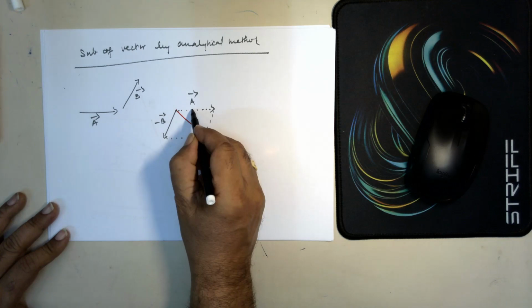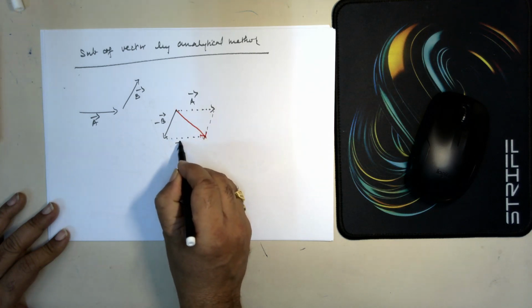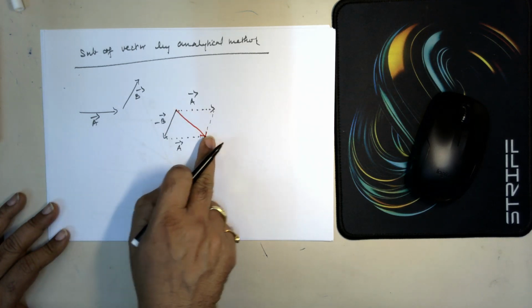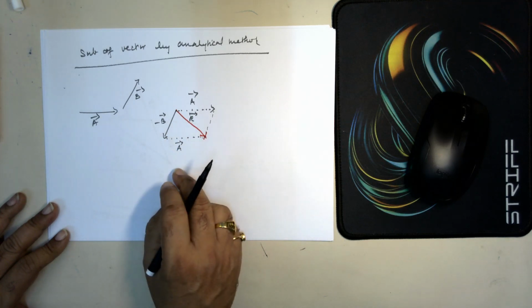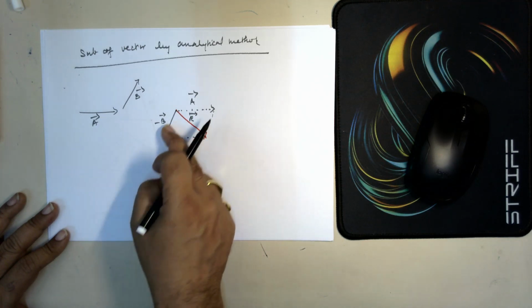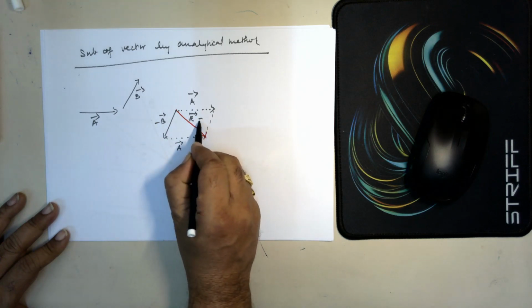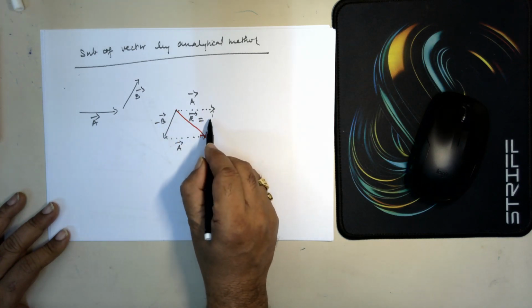Therefore, now if it is A, this is also A vector. And what about this one? So this is R vector, which is nothing but vector A plus minus B. Therefore, A minus B once again. Okay.